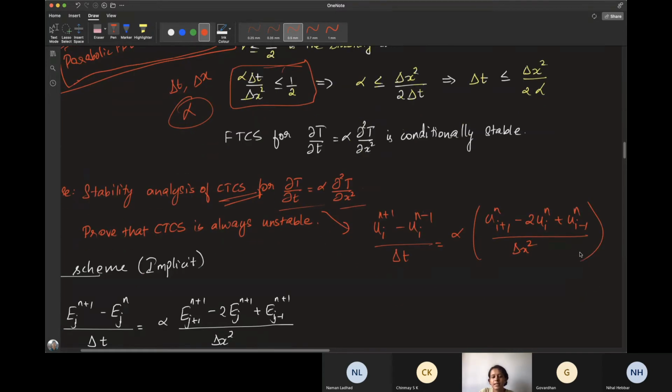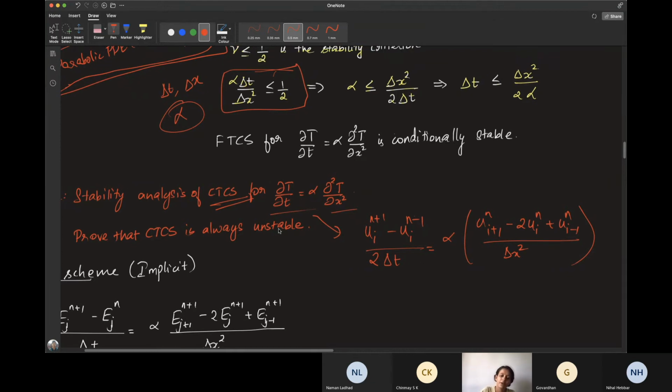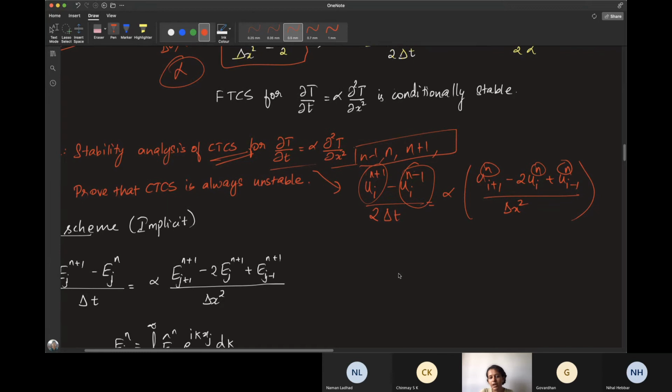So this is central in time. Here we have 2 delta t. So this is central in time and central in space. So here you have 3 different time steps, n plus 1, n minus 1, and n. So here you may have 2 different amplitude ratios: Ej at n plus 1 by Ej at n, and Ej at n by Ej at n minus 1.